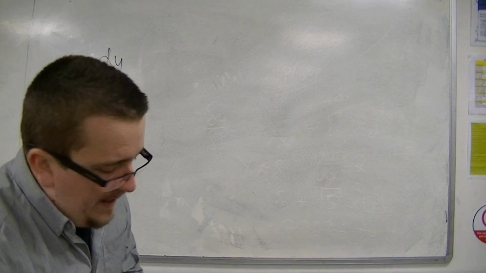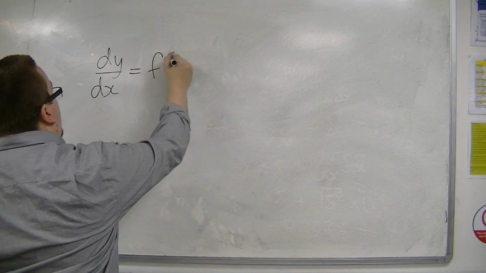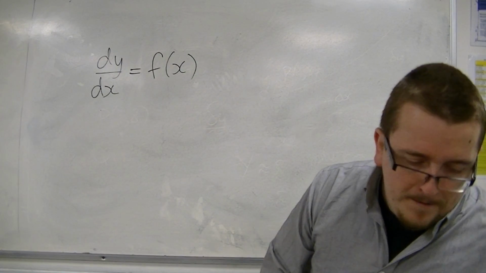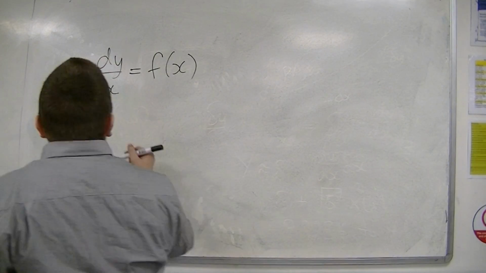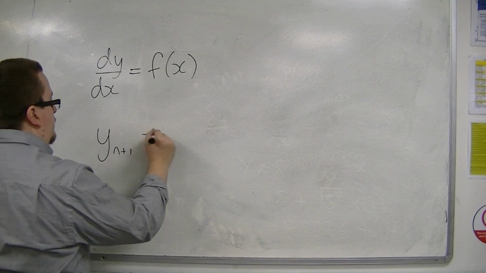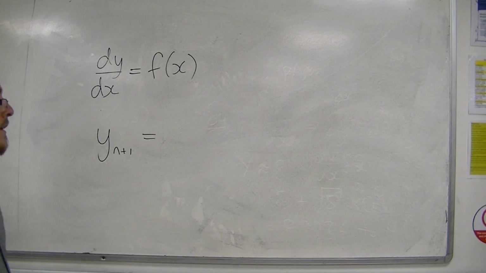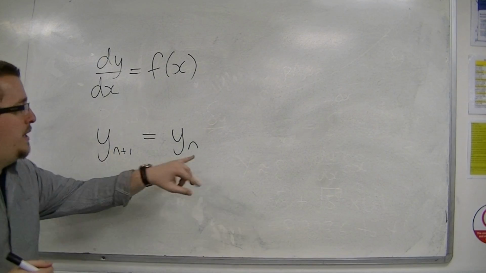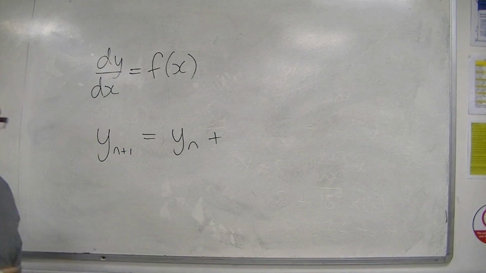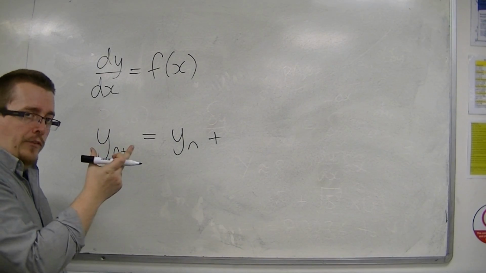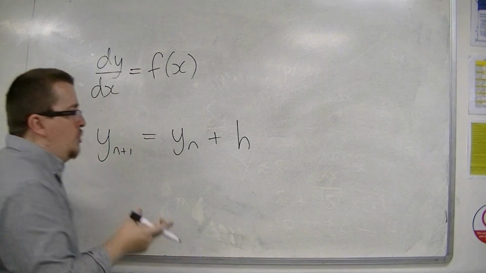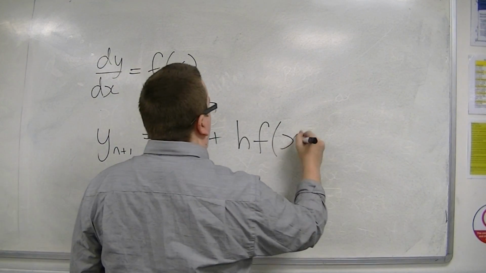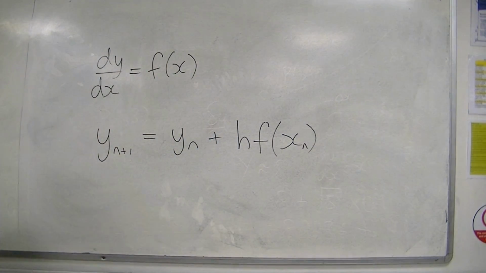So if dy by dx was some function of x, my new value of y, my second coordinate value of y, will be y_n, my first value of y, plus that delta x, which I'm going to label as h, times dy by dx, so f of x_n, evaluated at x_n.